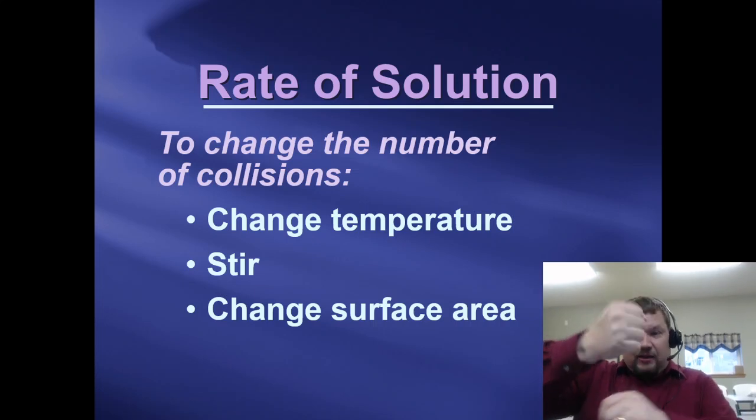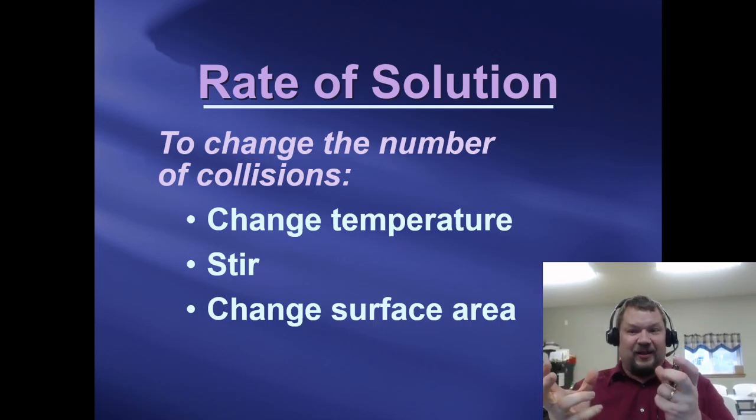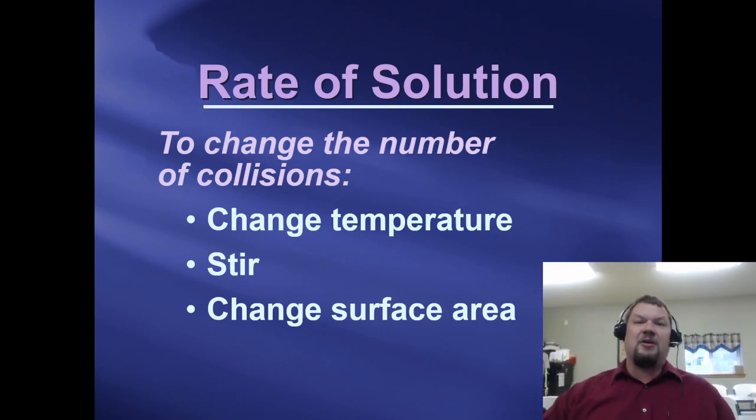You beat on that sugar cube until it breaks up into tiny little pieces. The tiny pieces are all going to dissolve a whole lot faster than the sugar cube would if it wasn't broken up. So there's a number of things that you can do that are actually going to affect the rate of solution by changing the number of collisions involved there.